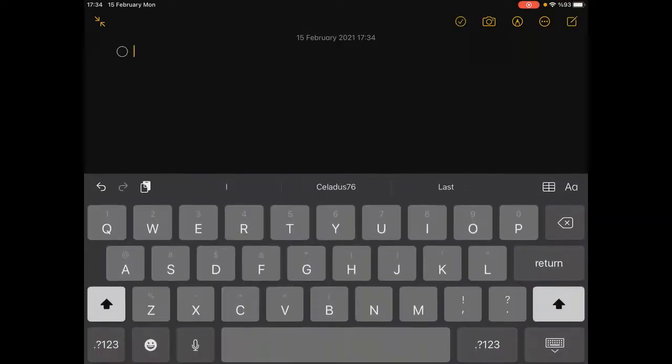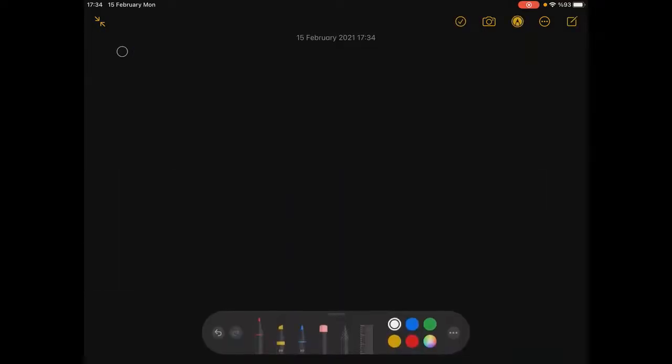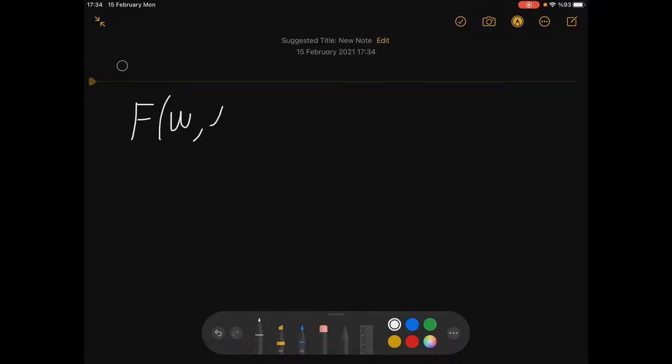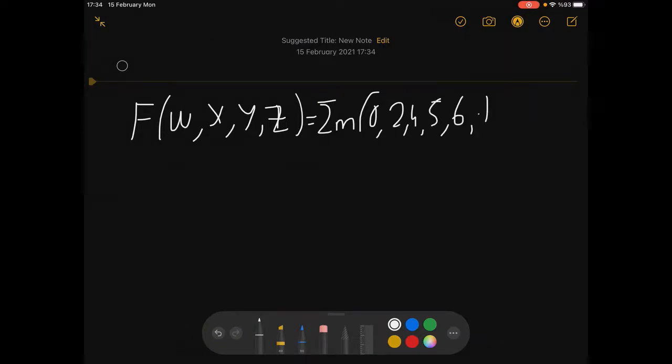Let me check, I'm cheating from my notes here. Okay, thanks. Let me use white color. We're trying to do this function of W, X, Y, Z, which is the sum of minterms 0, 2, 4, 5, 6, 7, 8, 10, 13, and 15, right? So this is what we're trying to do.